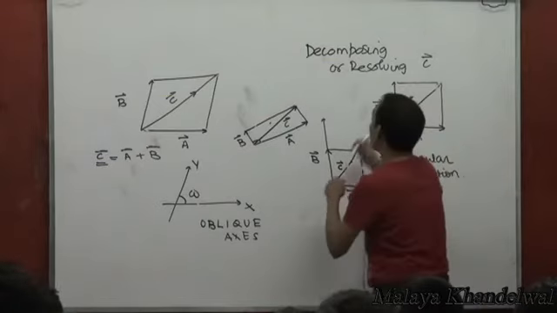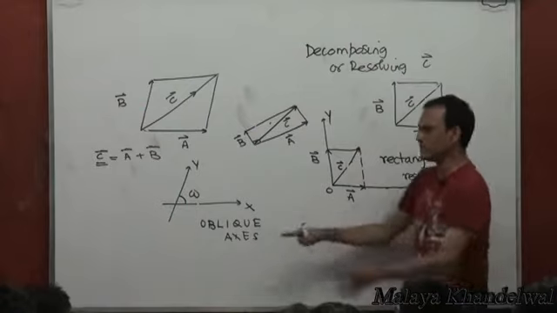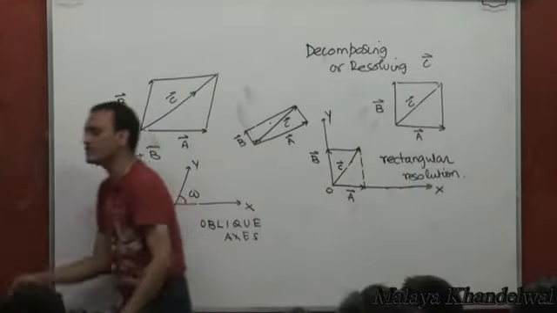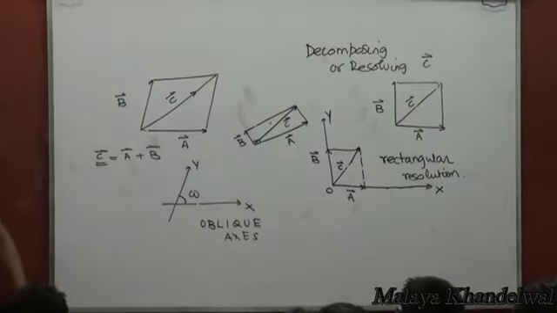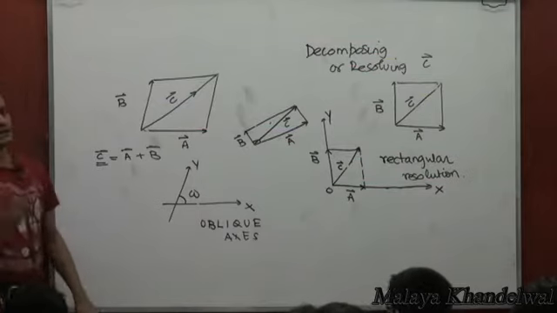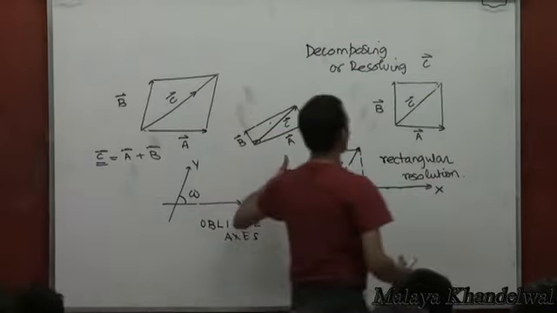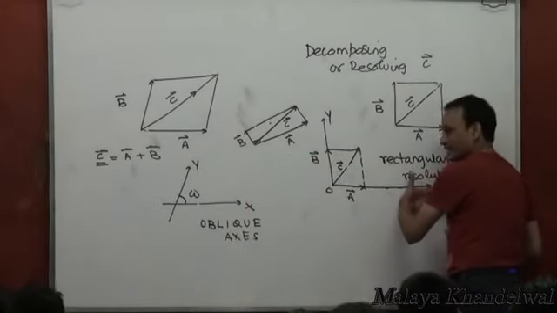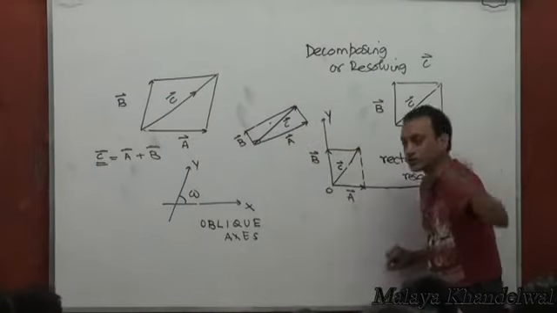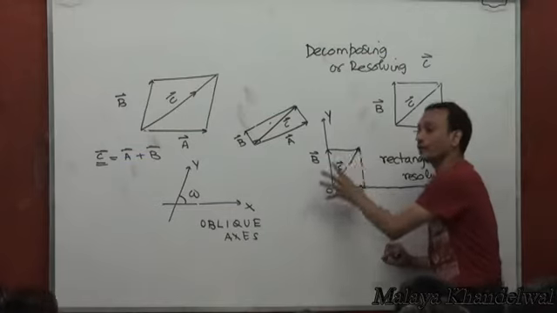The x and y axes are perpendicular to each other in this case at 90 degrees, but in general they could be at an angle omega. But most of our deliberations would revolve around having our x and y directions perpendicular to each other. So in this case, we can choose this as an x direction and a direction perpendicular to this as a y direction, constituting our xy coordinate system.